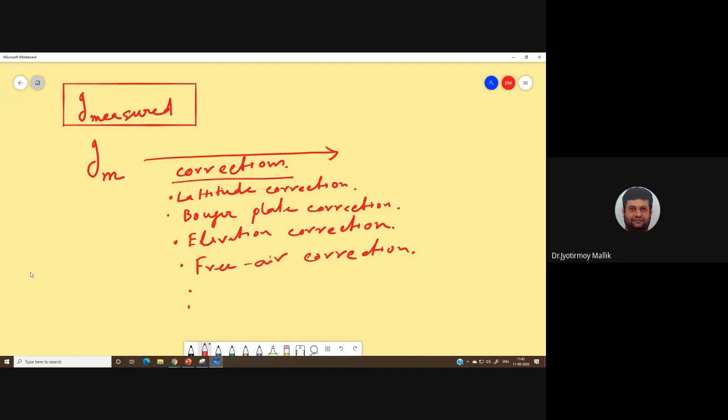There are a few more corrections we will discuss, such as tidal corrections.